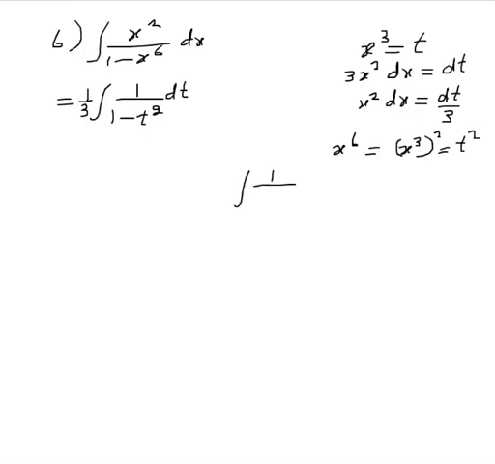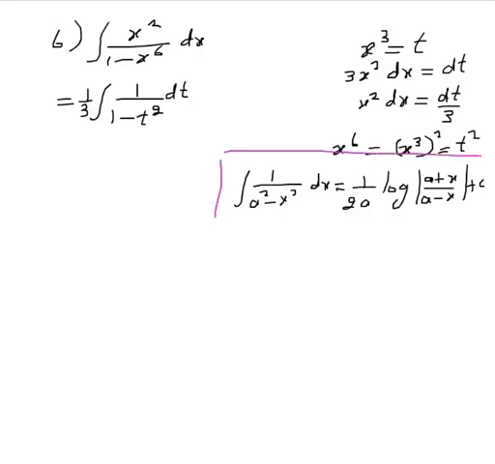Now let us use the 1 by a square minus x square formula, which is 1 by 2a log of absolute value of a plus x divided by a minus x plus c. Let us use this formula. I have told you we may write this as absolute value of x plus a divided by x minus a.